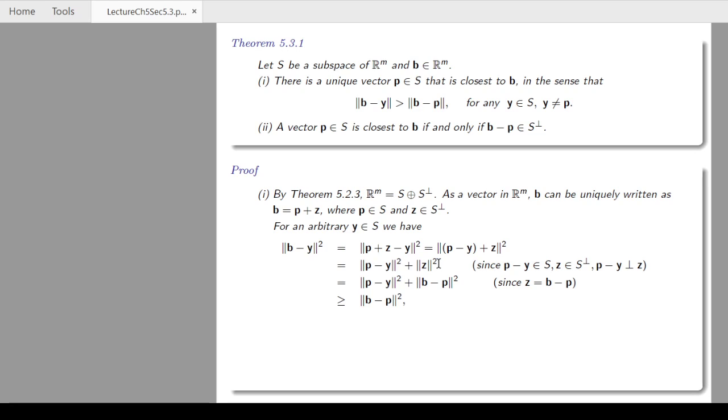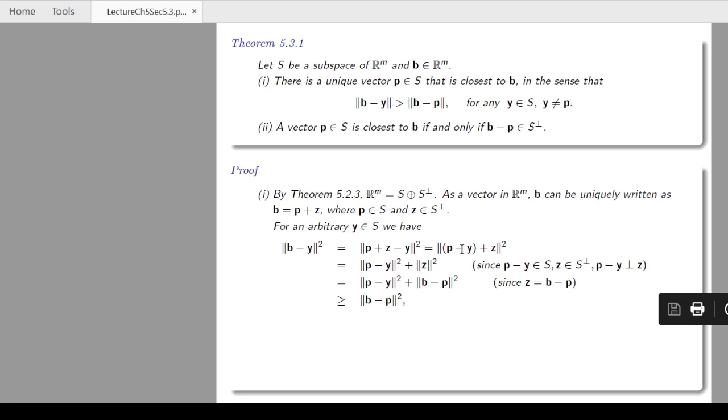And then we have the third term, that's double the scalar product of P minus Y and Z. But P minus Y belongs to S, Z belongs to the orthogonal complement of S, so these two vectors are orthogonal to each other.